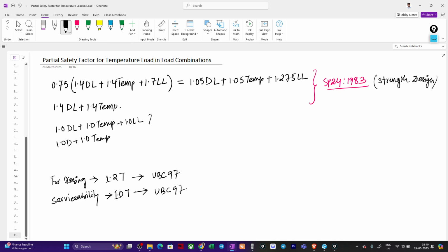As per my understanding, this is what code meant to say. If code is meaning that you keep the 0.75, I don't think so. It is meaning directly this. So let me know if you interpret this in a different way.